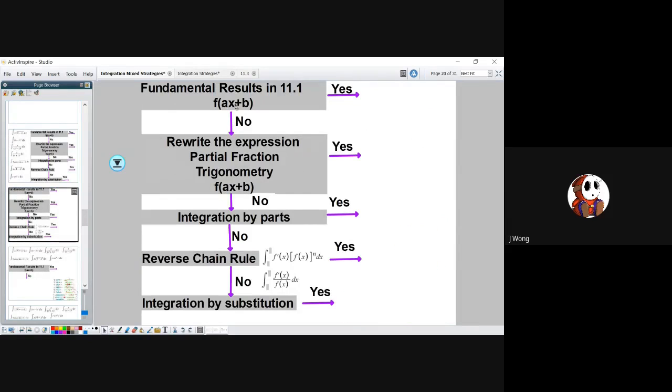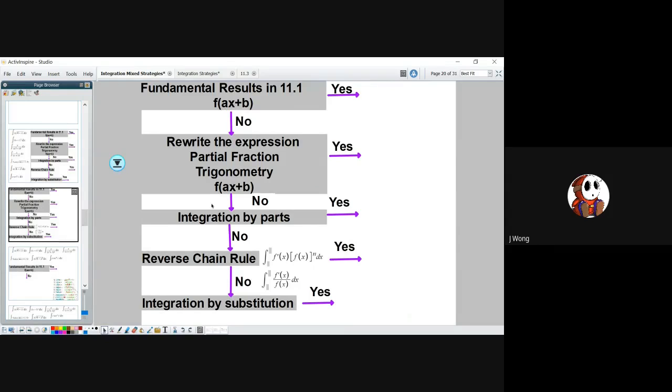Once again, the decision tree is starting from the basics, starting from the standard results, cooperate with f of x plus b. If that is not okay, then try to rewrite this expression with either partial fractions or trigonometry. And at this point, after the quick manipulation, it should still be easily solved with the fundamental results.